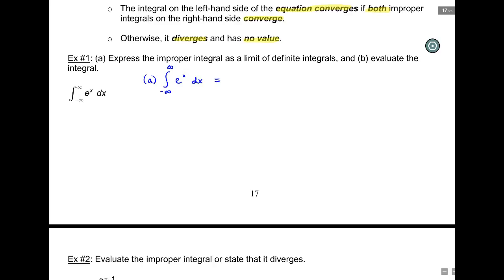I'll start with the lower bound, so I'll write that as the limit as b, we can technically use any variable, I'm going to use b, as b approaches negative infinity of the integral from b to 0 of e to the x dx, plus the limit as b approaches infinity of the integral from 0 to b of e to the x dx.